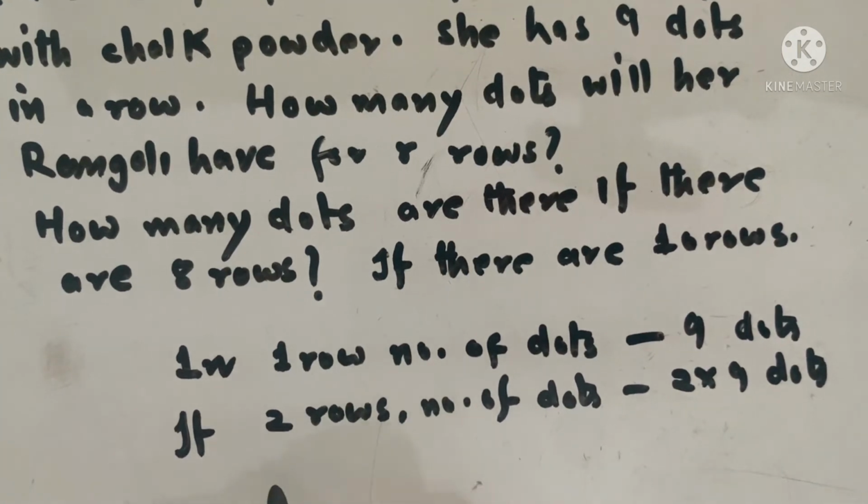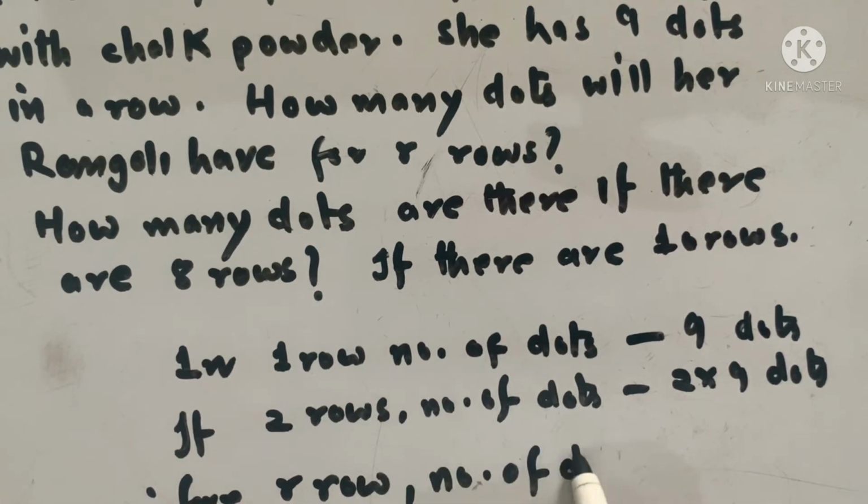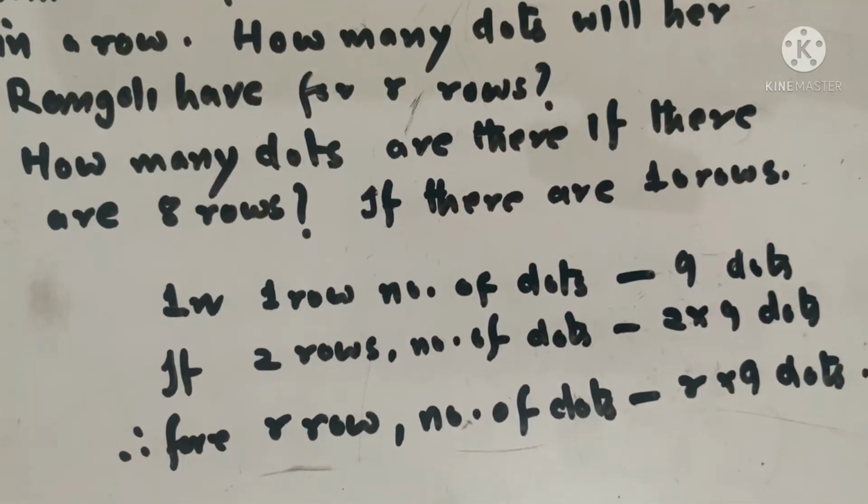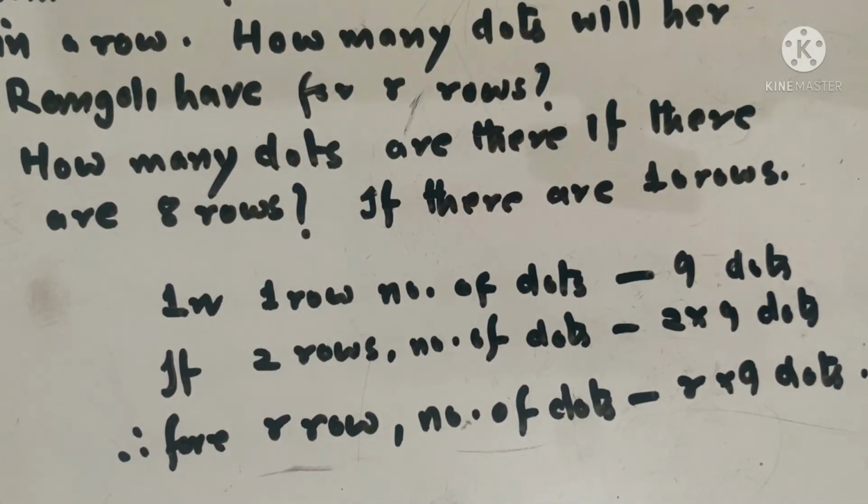Therefore, for R rows, the number of dots will be R into 9 dots.